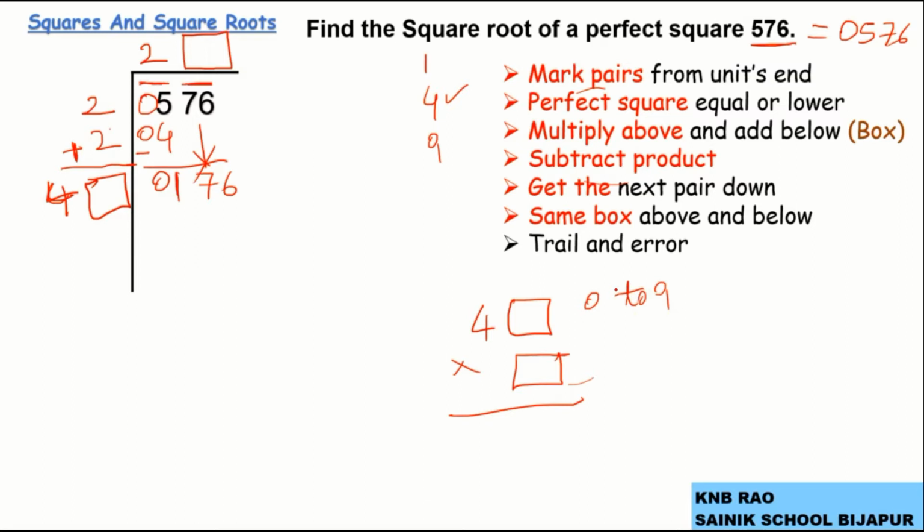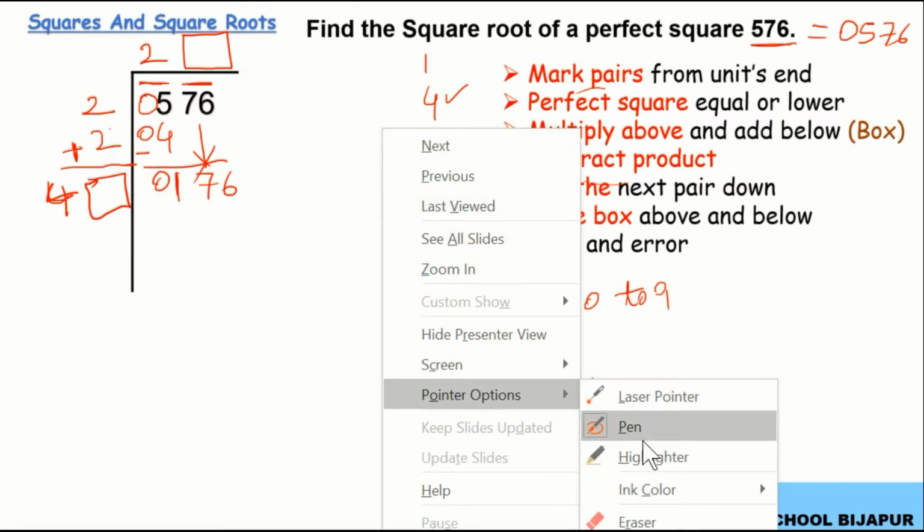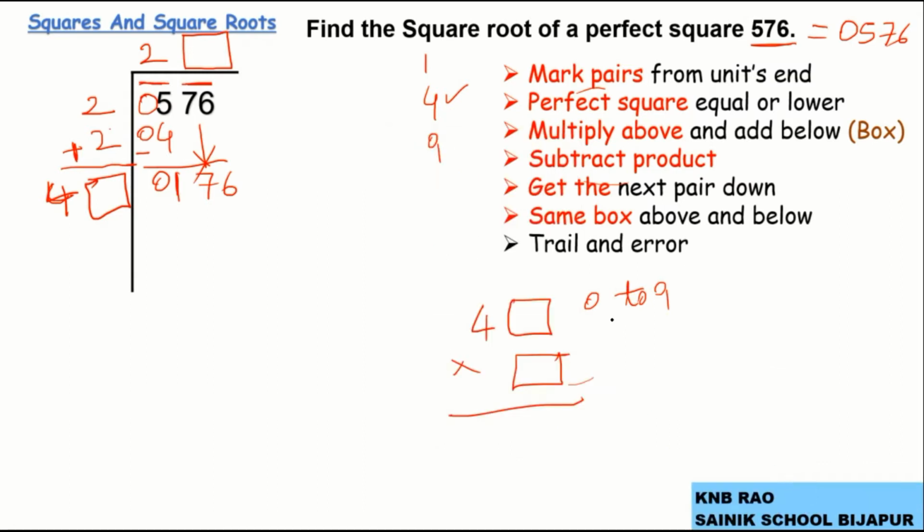Let us change the color first. Here I will choose a black color. Suppose if I take 0, 40 into 0 is not close. If I take 1, 41 into 1, 41 not close. Let us say 2 is chosen, 42 2s are 84, not close.